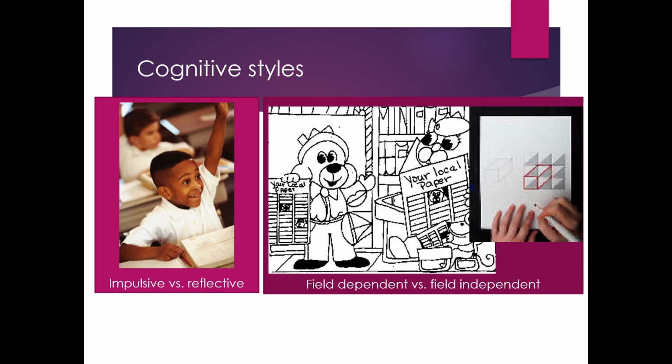Whereas people who are field independent oftentimes are really good at analytical things, things that require attention to detail, but have a little bit less success at integrating all of the details together and making sense of it. They are not as good at interpersonal things on average. And so, each of them have their benefits and each of them have their deficits that go along with these ways of thinking.